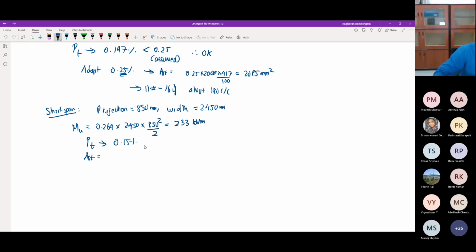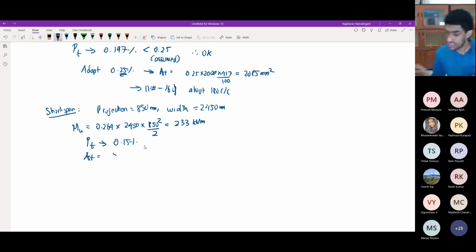If I use 0.15, I get 0.15 times 2450 times 417. In this problem, he has used a different diameter for the opposite direction, 12 mm bars, but you're allowed to use the same 16 mm also.